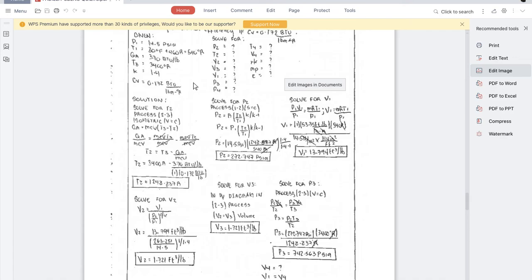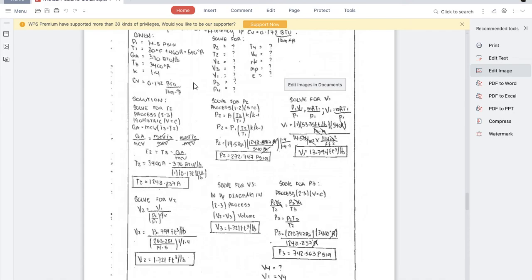For V3, in the PV diagram, process 2 to 3 is constant volume, so volume 2 equal to volume 3. So the volume 3 is 1.721 cubic feet per pound. And last but not least is P3. For P3, the formula we use is process 2 to 3, V equal to C, or P2 V2 over T2 equal to P3 V3 over T3.